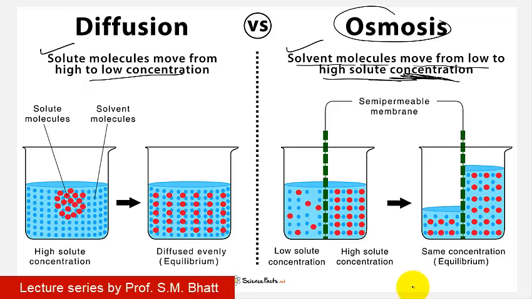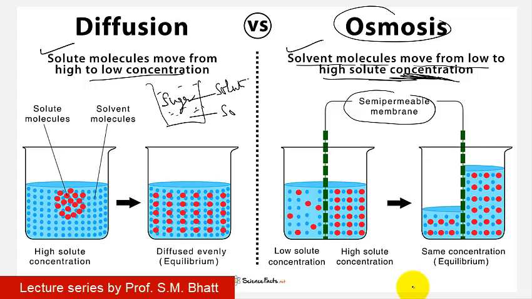For example, if sugar is dissolved in water, the sugar molecule is the solute and water is the solvent. In osmosis, water is moving, and in simple diffusion, sugar is moving.